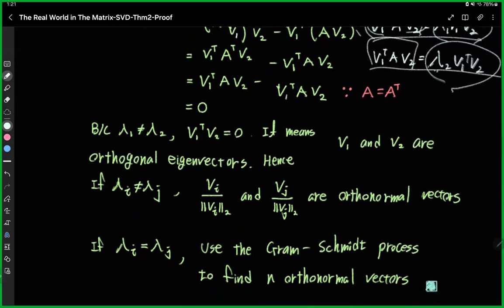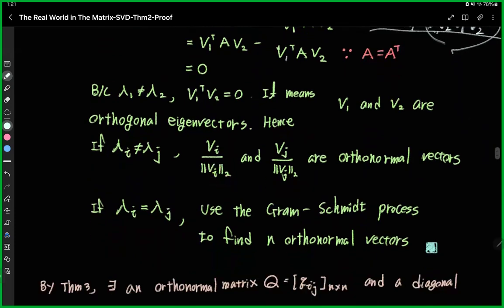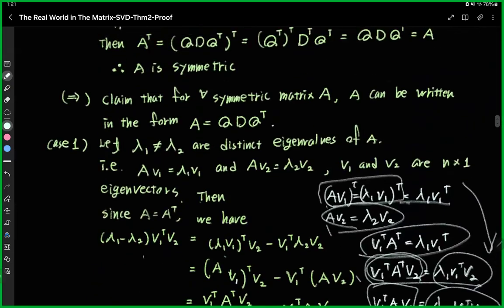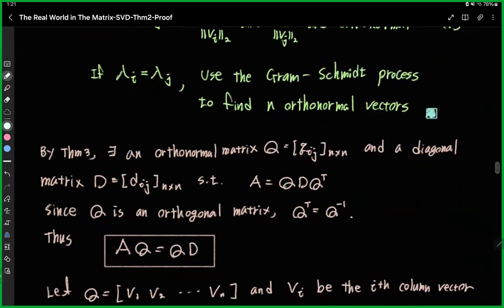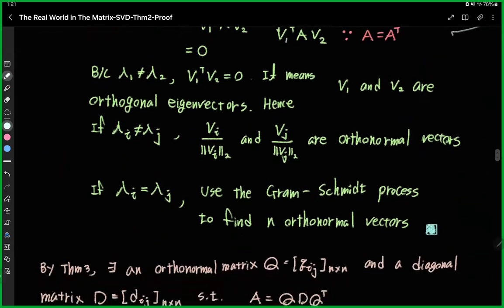by rescaling, we can make them orthonormal vectors by dividing by the norm. Then we get the orthogonal matrix Q, and the diagonal matrix is formed from the eigenvalues. Now if some eigenvalues are equal, then we use the Gram-Schmidt process to find the orthonormal vectors. So the proof is done.